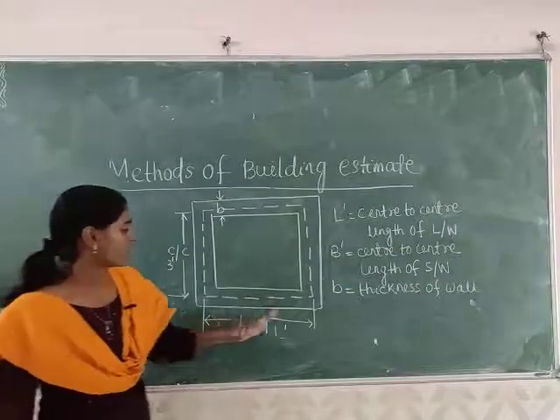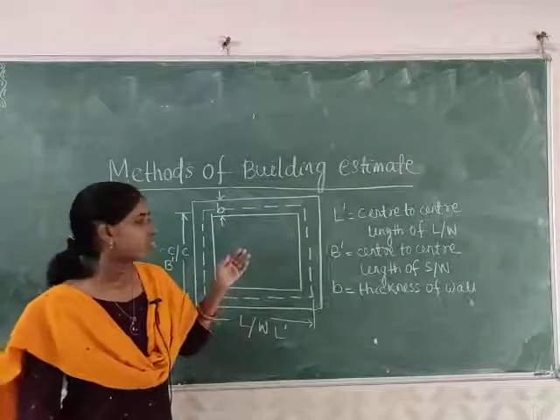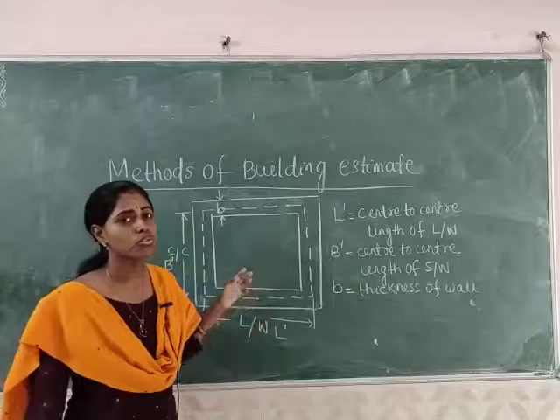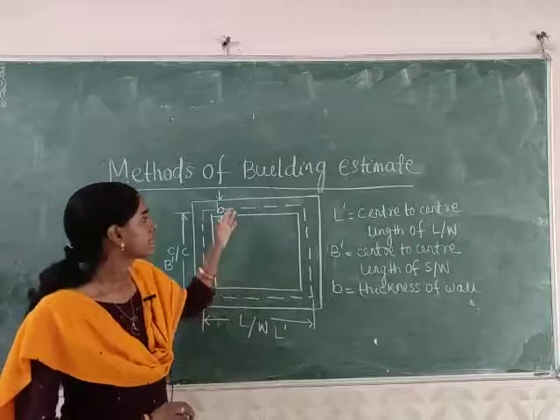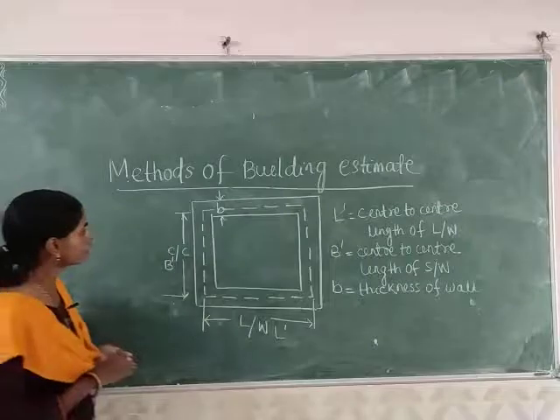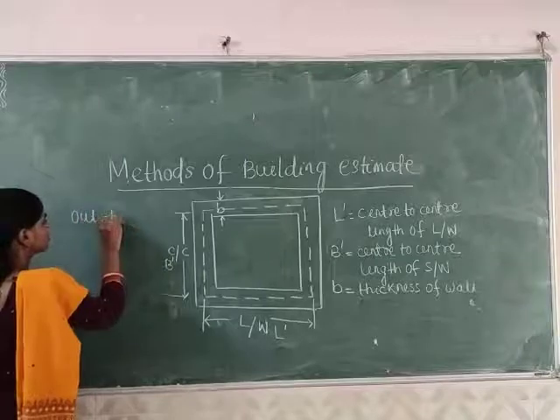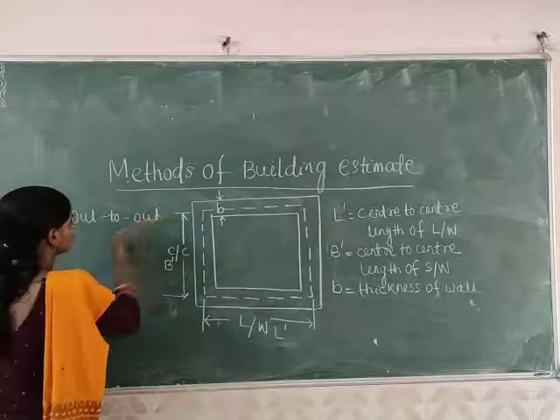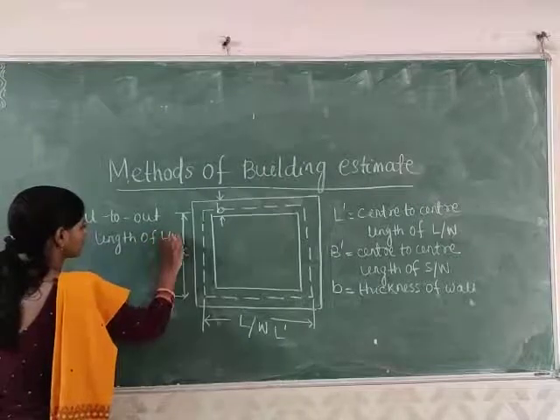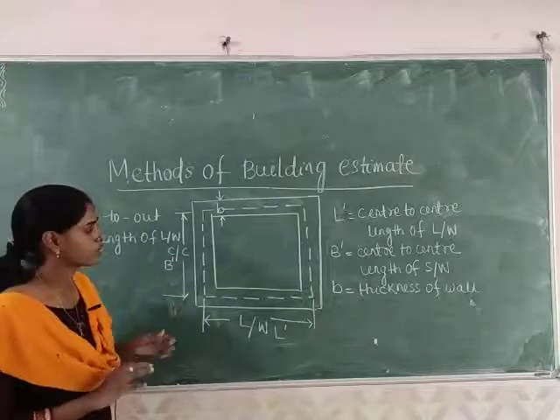After taking out the center to center length of long wall and short wall, in this particular long wall short wall method, we need to find out the out to out length of long wall and in to in length of short wall. So, let us calculate the out to out length of long wall.